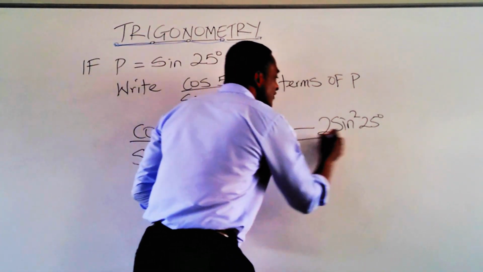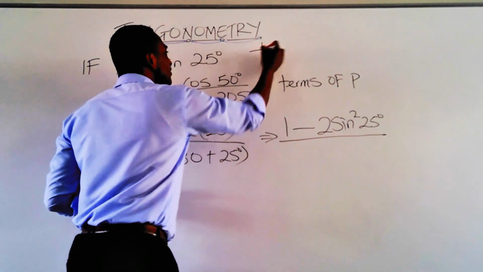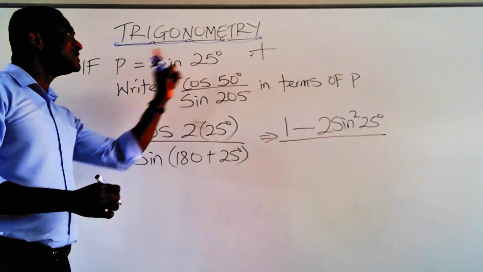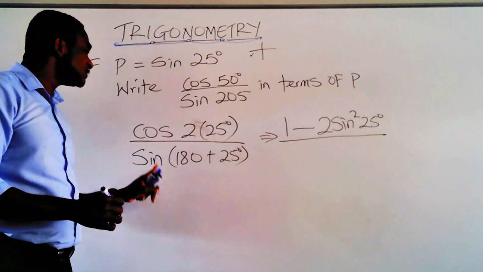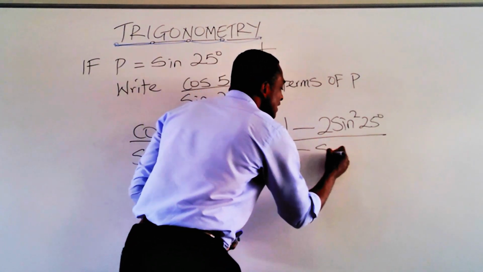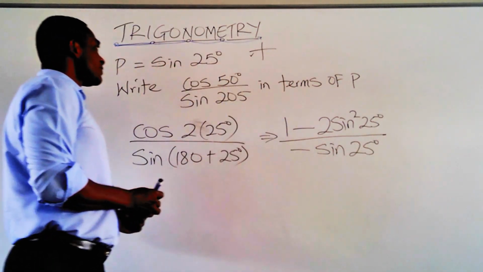Now, that is what we have reduced to, divided by, this is reduction formula, 180 plus anything falls on the third quadrant, and the identity for sine has a negative value on the third quadrant, so this will return negative sine of 25 degrees.